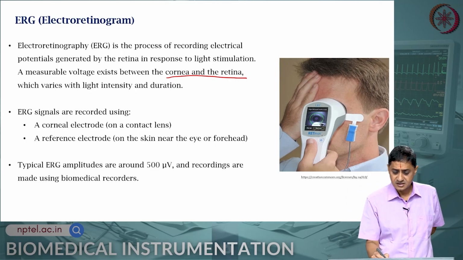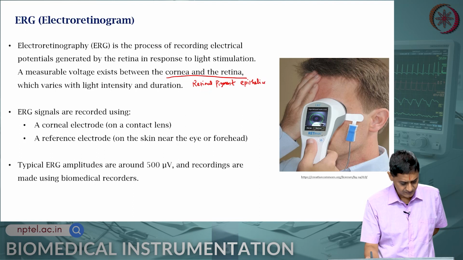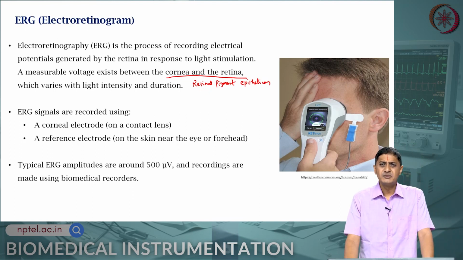This is due to the retinal pigment epithelium. This retinal pigment epithelium essentially maintains a trans epithelial potential, and this is the foundational reason as to why there is a potential difference between the cornea and the retina.